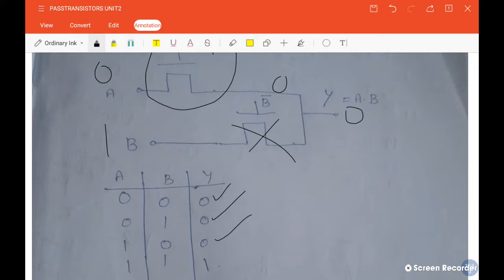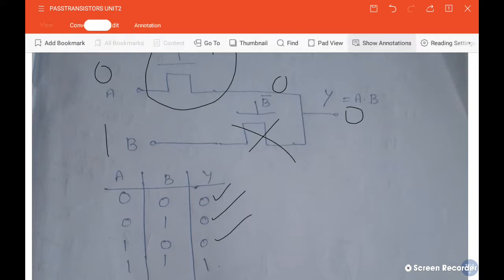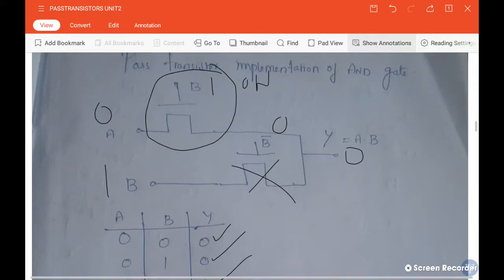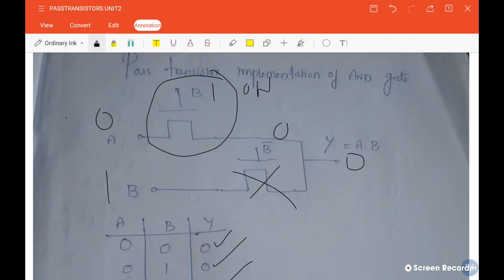When both inputs are high, we have a condition that one gate will get a high value and the other gate will get 0 value. So for example, I'll write it here. Now the condition is both my A, B are 1 1. At this time B value is 1, B bar is 0 here.